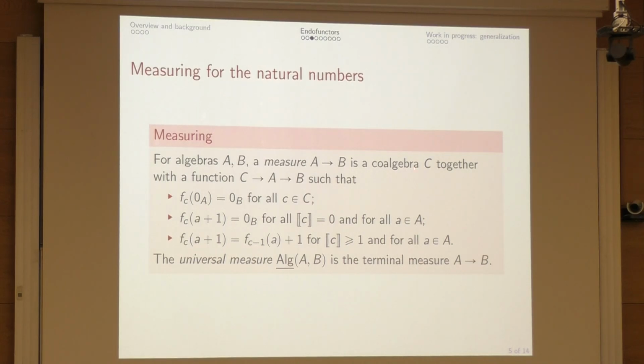So a measuring is a coalgebra together with a function from this underlying set C into the set of functions from A to B, such that, I'm going to call this f here, meaning that the function here is f, and then C I'm going to write as a subscript. Okay, so for any C it takes the base point to the base point. So an algebra for this endofunctor has a base point and it has an endofunction on it, which I'm writing plus 1. So it takes the base point to the base point for any C.